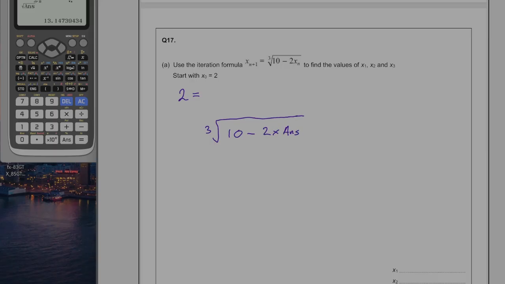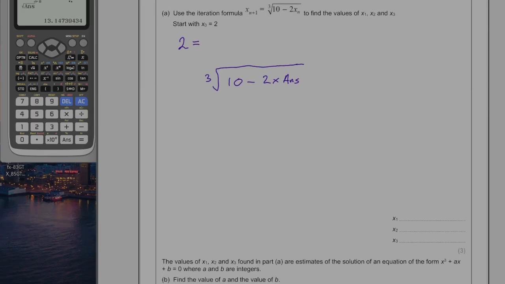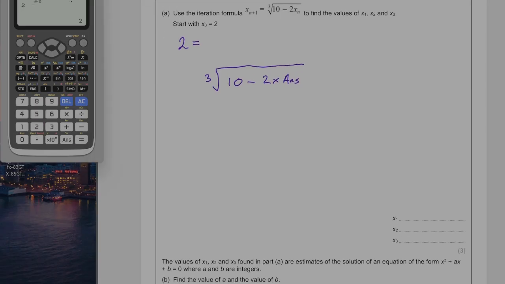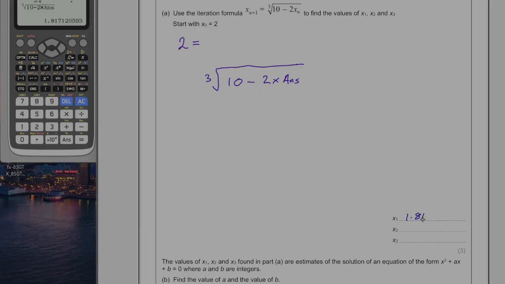And then every time I press equals, it will give me my next value. So 2 equals, and then I'm going to type in the cube root of 10 minus 2 lots of the answer. So my first value is going to be 1.8171.